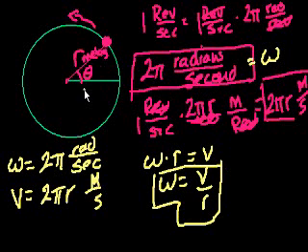By definition, a radian, if this angle is x radians, it's an angle, and it also tells us that the arc that is projected by this angle is equal to x radiuses.